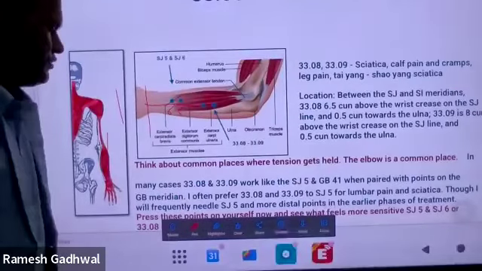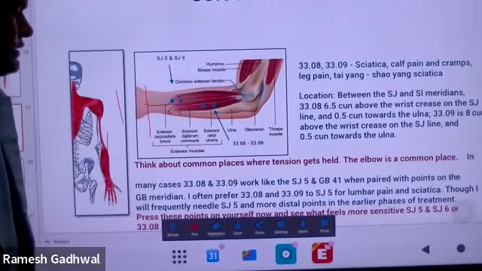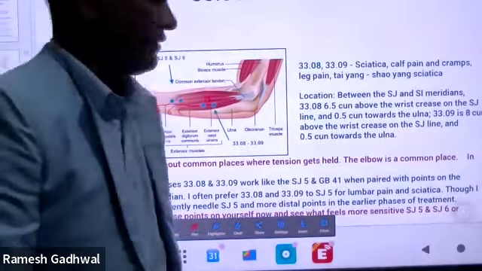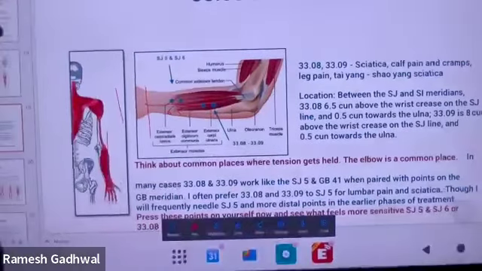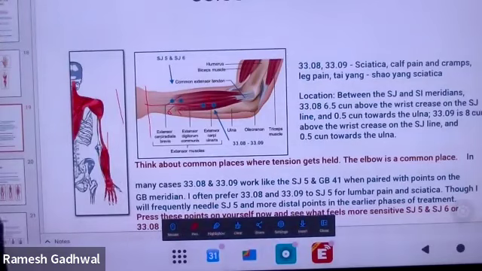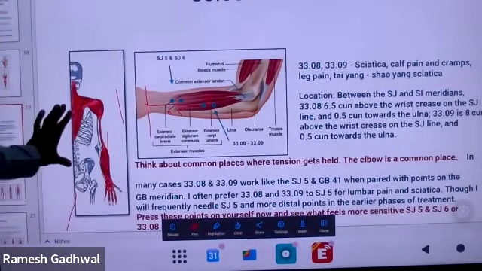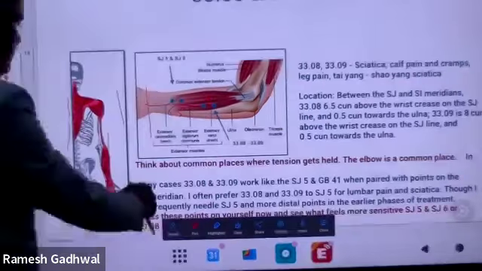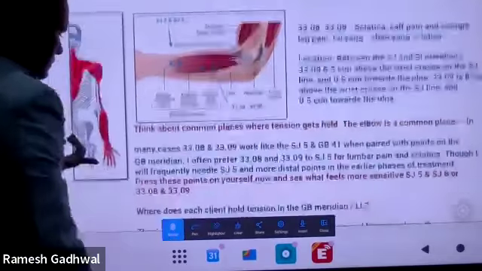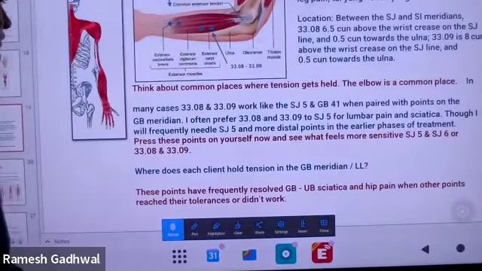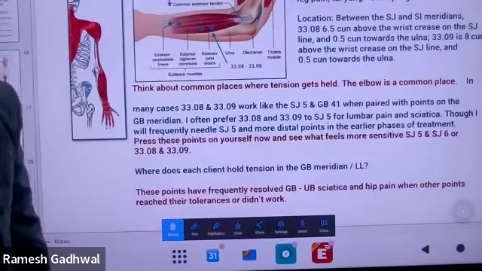Press these points yourself now and see what feels more sensitive. Check on yourself, San Jiao 5 and San Jiao 6, and 33.08 and 9.